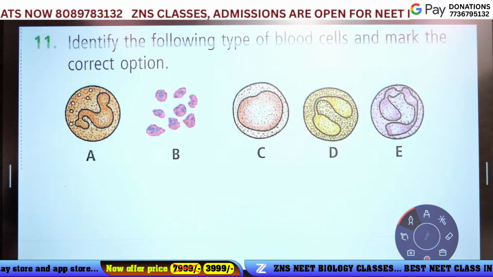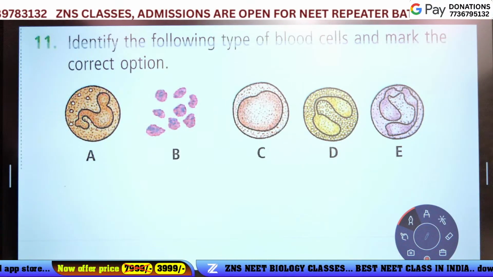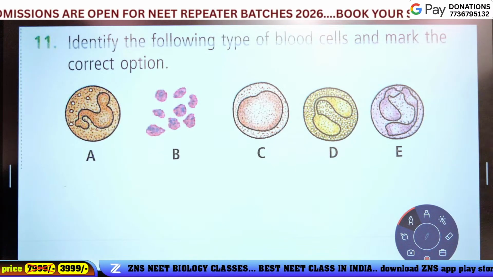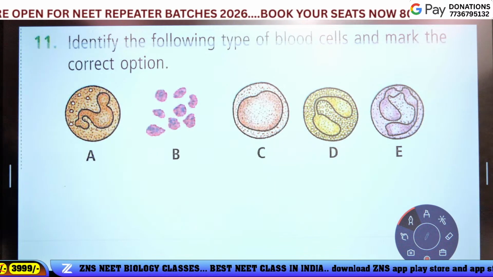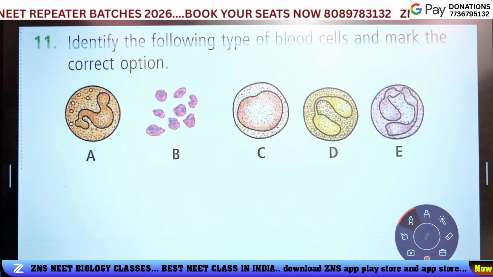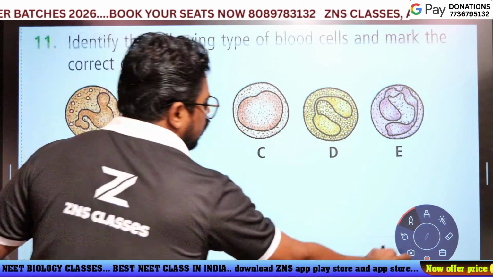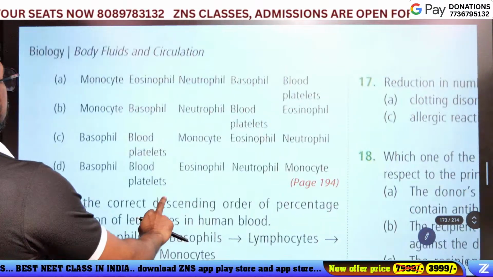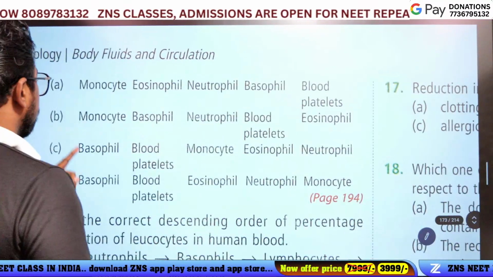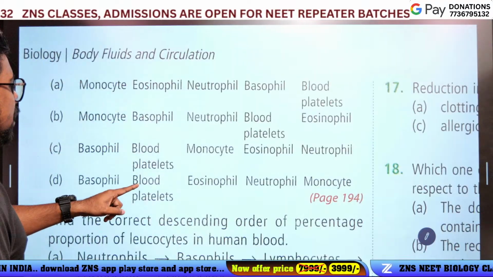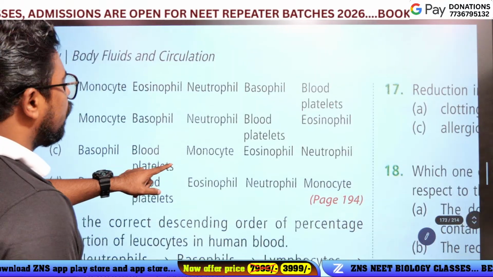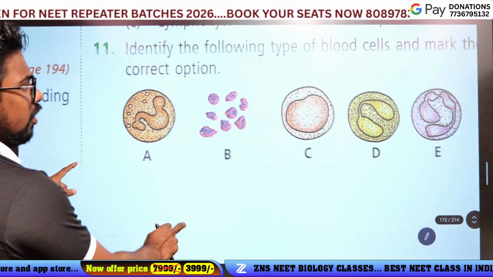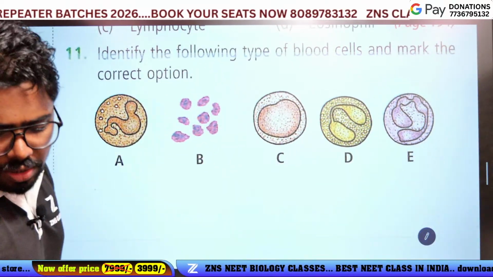The options are here: monocyte, basophil, eosinophil, blood platelet, monocyte, eosinophil, neutrophils. Which is the answer? I'll give you the answer. Come on, look here.